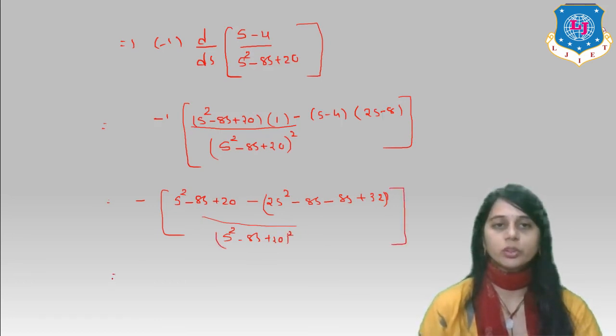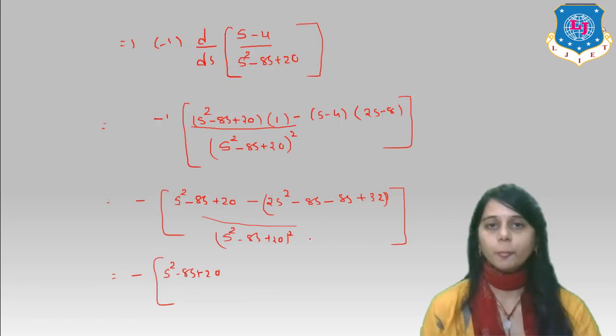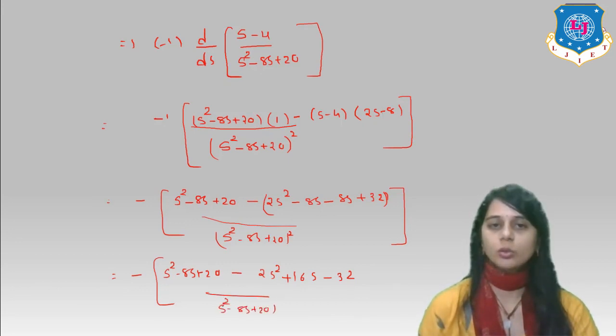Okay. Minus (s square minus 8s plus 20) minus 2s square, minus minus plus, and it's 16s, so it is plus 16s minus 32, upon (s square minus 8s plus 20) whole square.